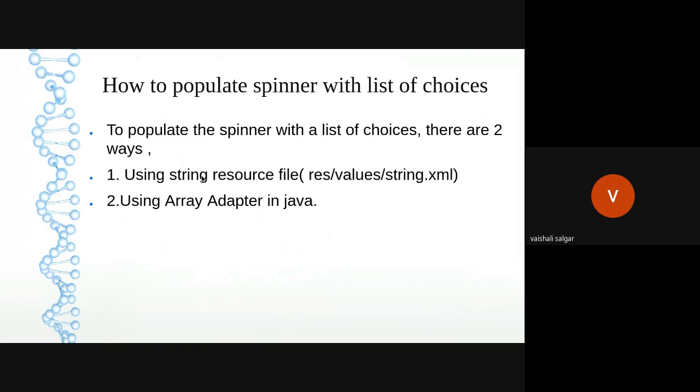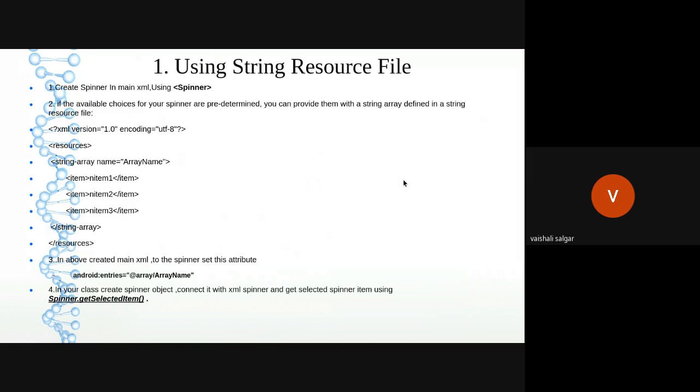If you remember, in the resources folder of your Android file architecture, there is a values folder, and in that values folder there is a file string.xml. You have to open that string.xml file, and after opening it, you will be able to see this code in your xml file.